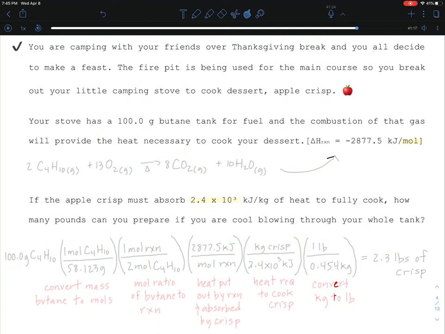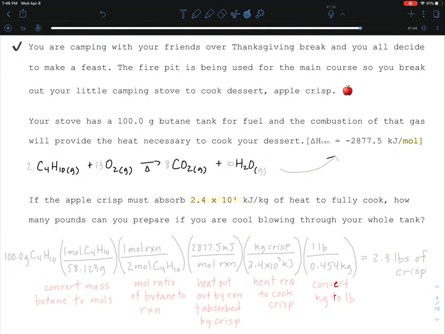Okay, so we're going to write down a balanced chemical equation for the combustion of butane. So we've got butane, and that'll be gas. We have to allow this to react with some oxygen, gas, and we're going to make CO2 and water.